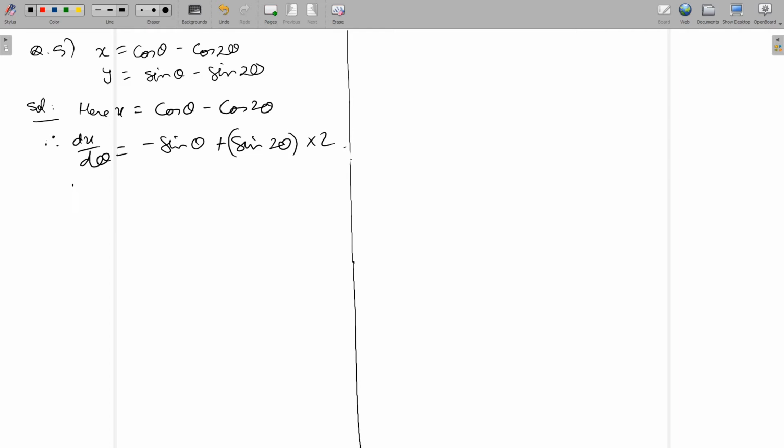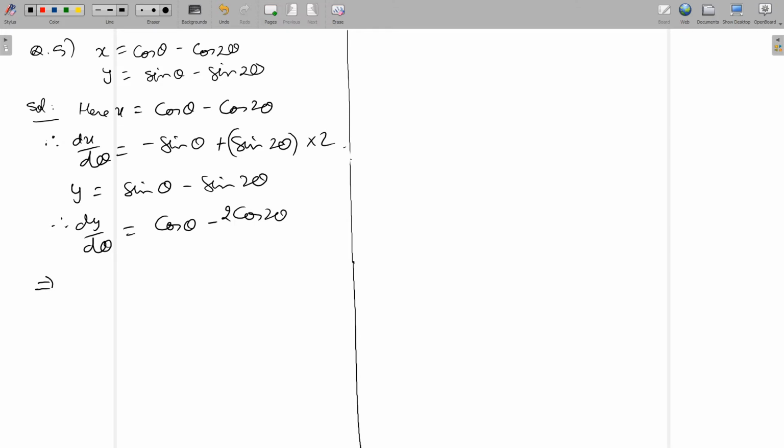Now y equal to sin theta minus sin 2 theta. So therefore dy by d theta will be equal to, differentiation of sin is cos, so cos theta minus, similarly here we will get cos 2 theta, and then we will differentiate 2 theta and we will get 2. Now to find dy by dx we will have to use chain rule.